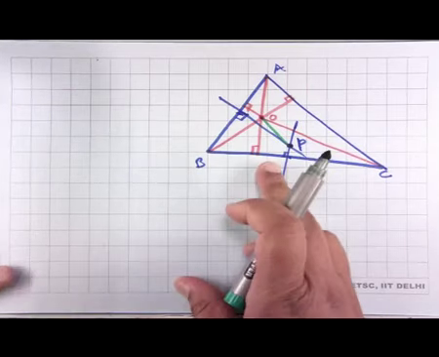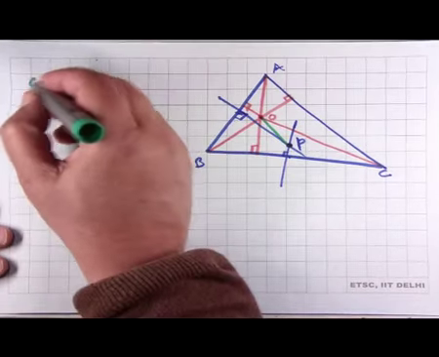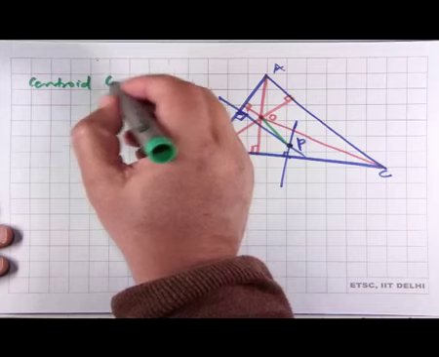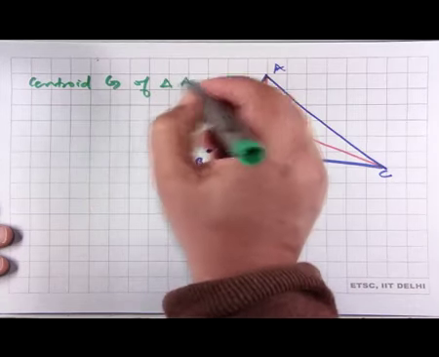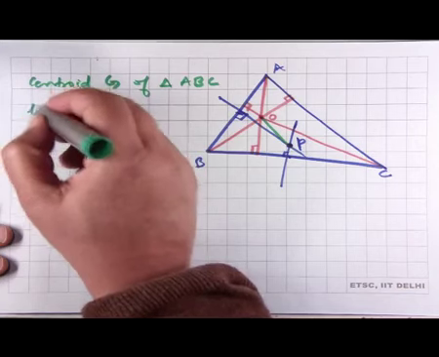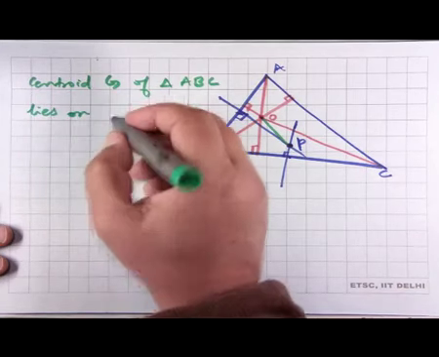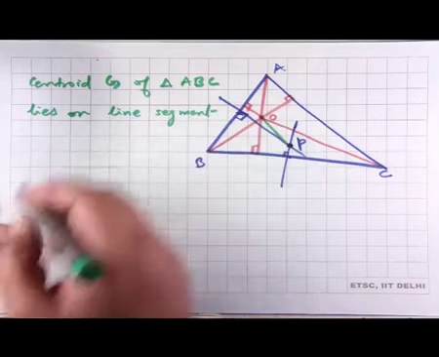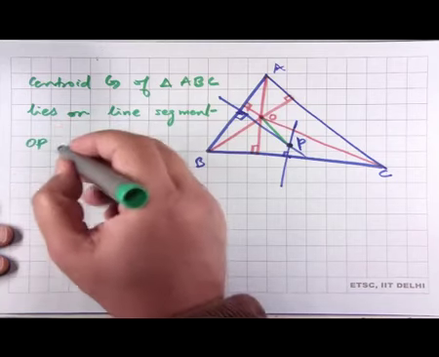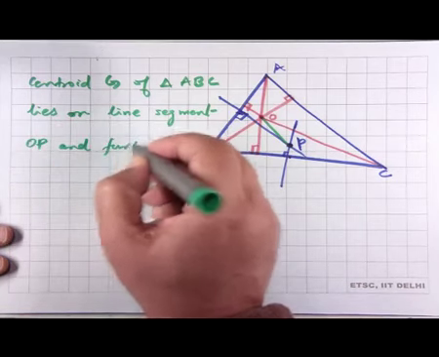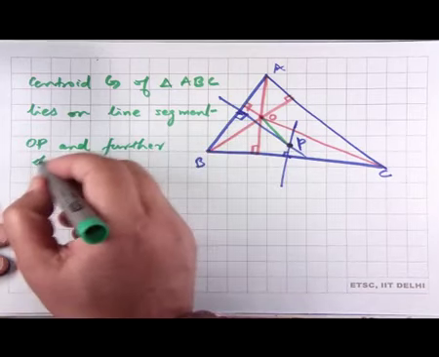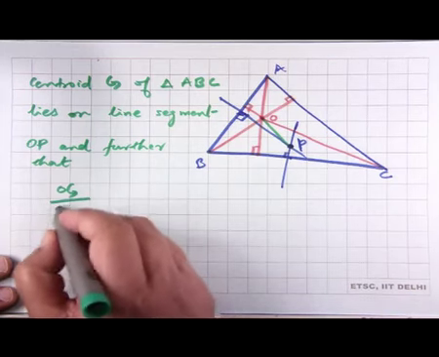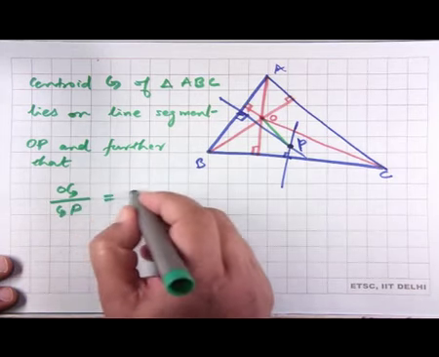So, we are asked to firstly show that the centroid, let me denote it by G. So, the centroid G of triangle ABC lies on the line segment OP, and further that OG divided by GP is equal to 2.